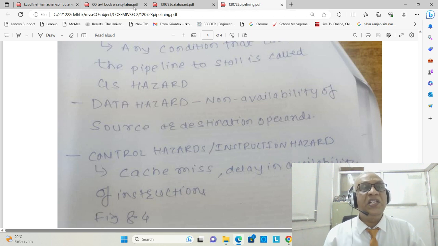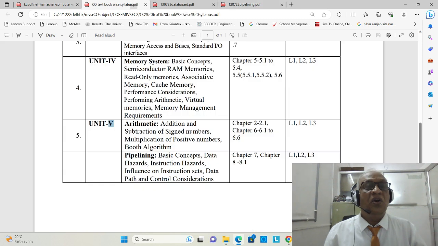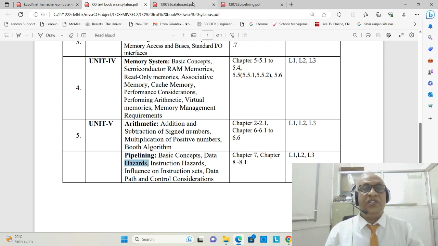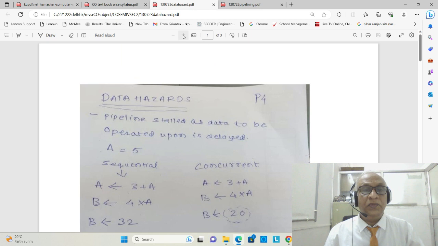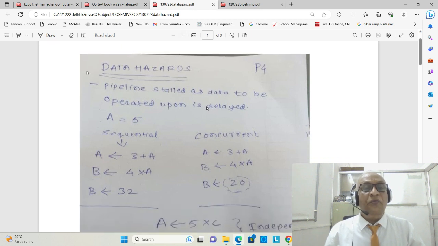So let us continue our discussion. Let us take this thread forward from pipelining to hazard, from hazard to data hazard. Today's topic under discussion will be data hazards. We have understood the meaning of hazard, and we also now know what a data hazard is.